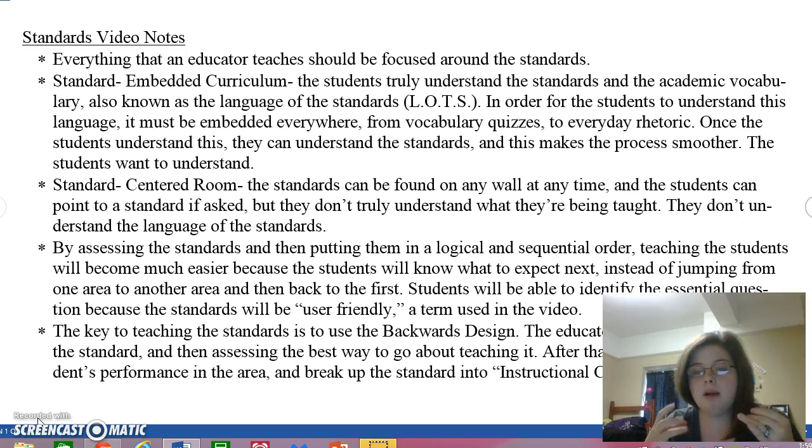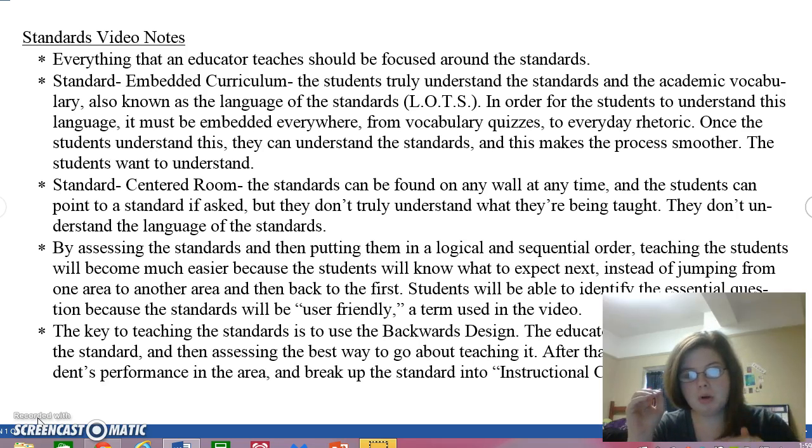So it is the job of the educator, or perhaps even the entire school, to go in and make sure that they're teaching the students in the best possible order, that way the students don't get confused, and also to make it logical, to put all the little things in between that they're going to need to know.